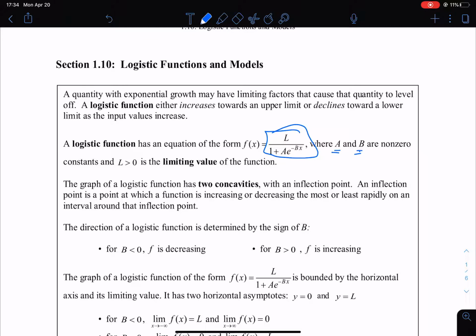So a and b cannot be 0, and a and b are constant numbers. And L must be positive. It's the limiting value of the function. So for a logistic function, the limiting value of the function is just the numerator, which is L.